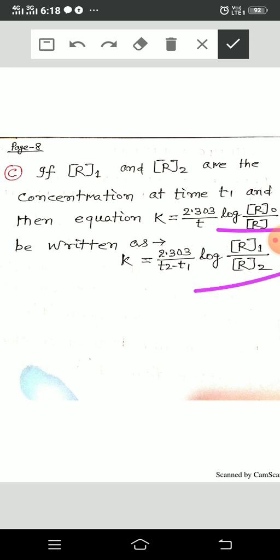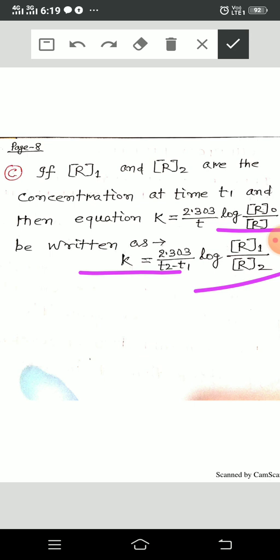This type of equation will help you in solving numericals when the concentrations are given at different times in tabular form.